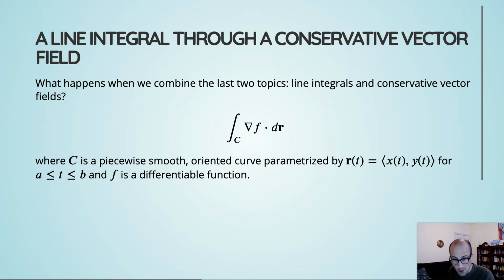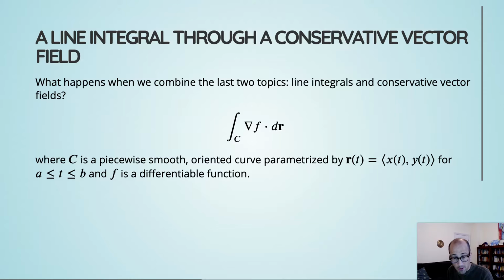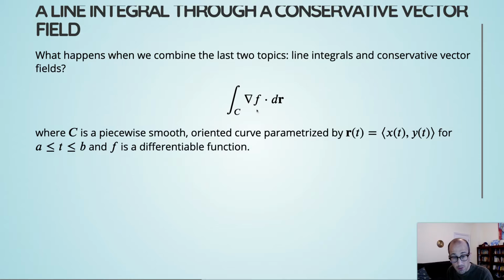There's kind of only one way to go. Okay, so how are we going to evaluate this? Well, let's just say what we mean by this integral. Remember, if I have a parametrization, right, in terms of t, I can turn the line integral into a t integral. Right? That's why the parameterization is so powerful here. For all of our line integrals, we've got a formula to go from the general form here, right?